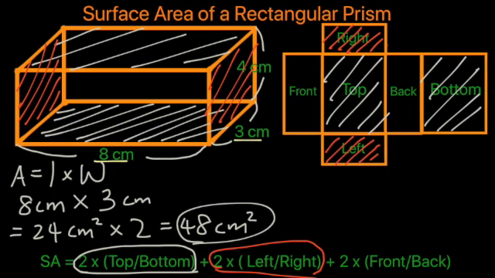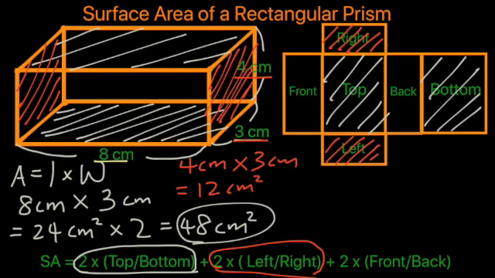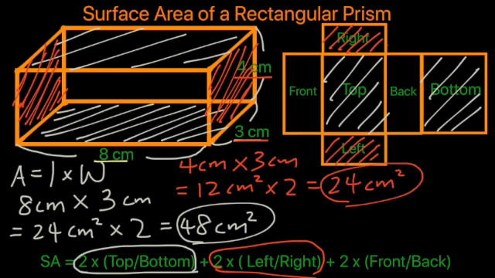So for one of these 2 sides, we have 4 cm, and then we have 3 cm, which we need to multiply together. So 4 cm times 3 cm equals 12 cm squared. And since there's a total of 2 sides, we multiply that by 2, and we get 24 cm squared. And that will cover this portion here.